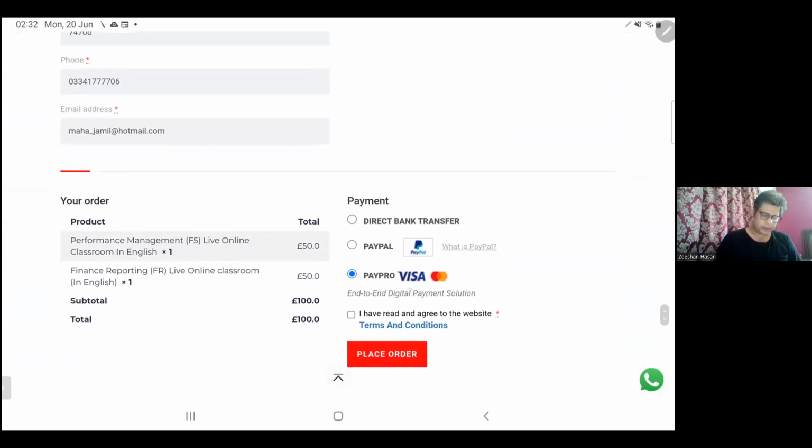Use PayPro as your payment option. Accept the terms and conditions. Place order. If you want to pay by debit or credit card, choose that option. If you want to pay by direct bank transfer, choose that option. Enter the details of the card or your bank details and click on Pay Now. Your payment will be processed, and then you can inform us.